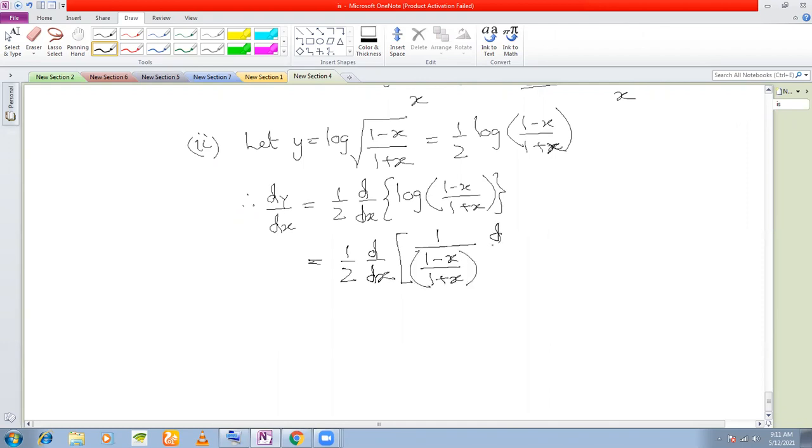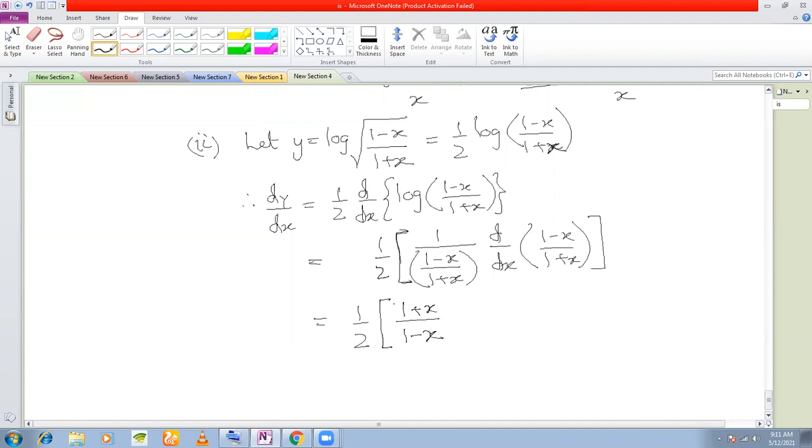And then you differentiate what is within the log, 1 minus x by 1 plus x. So this is half of all this, it's okay that d/dx was extra. So this is (1 plus x) by (1 minus x).